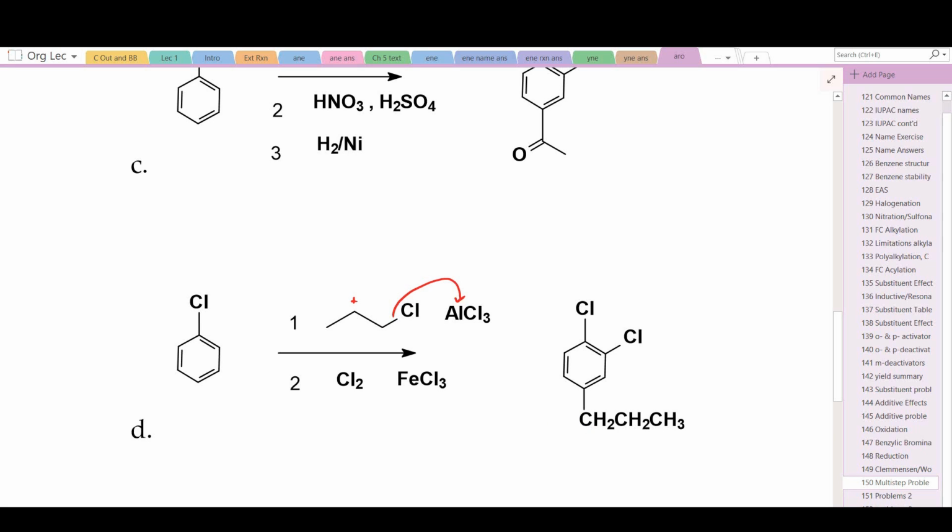The second problem is once the alkyl group is added, whether it be isopropyl or n-propyl, it's an activator. The chlorine is a deactivator, so the next substitution is determined by the activator, and that would be ortho to the alkyl group, not ortho to the chlorine group. Two problems there.